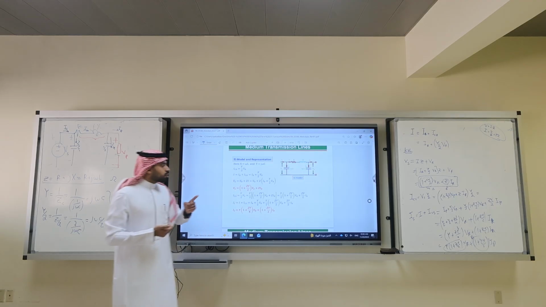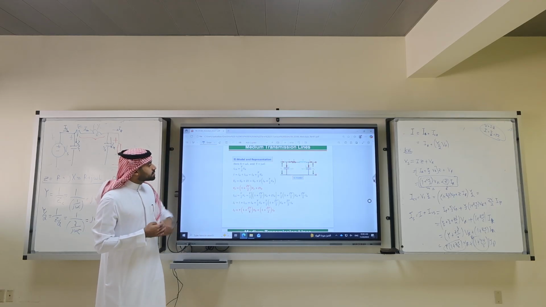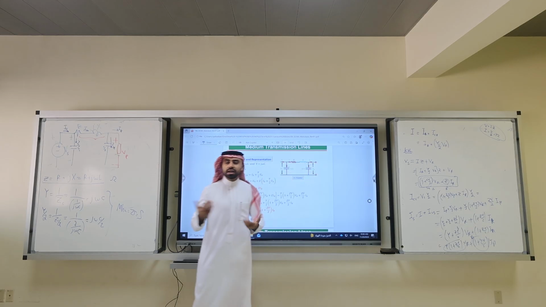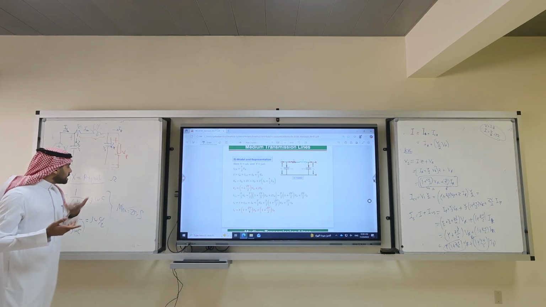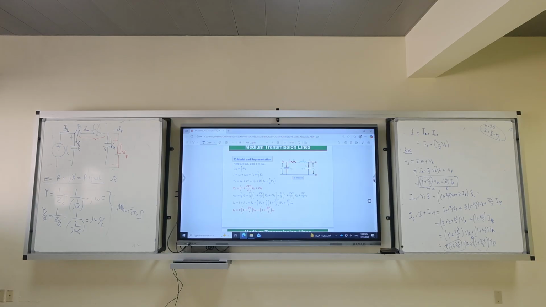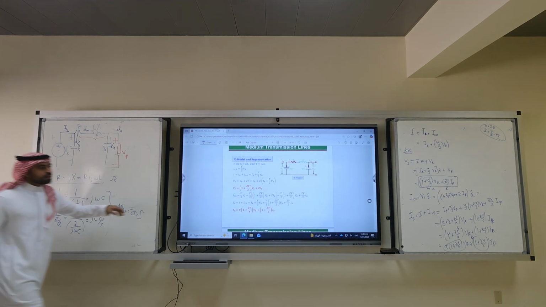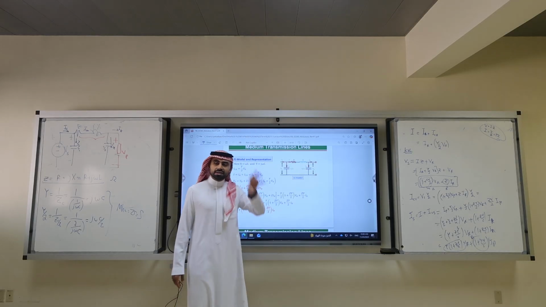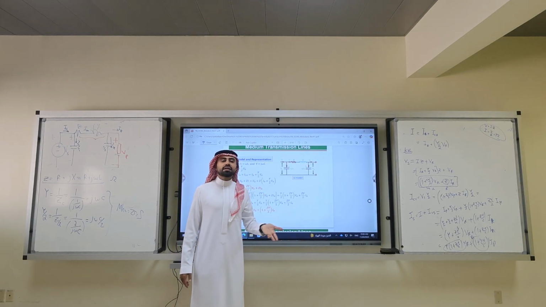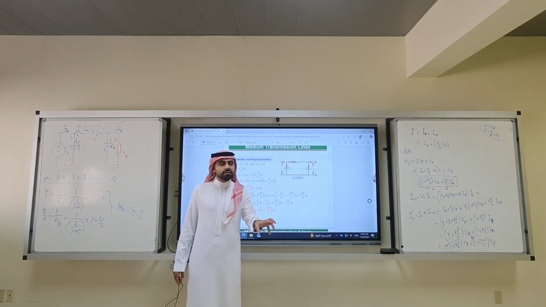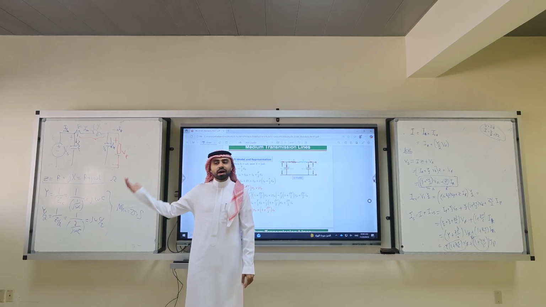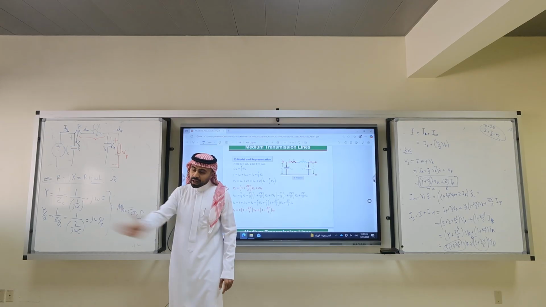There is a conceptual question: why do we write the capacitors as Y? Why not Z? It has historic reasons, but also computer science reasons. If you do 1 over Z in your calculations, basically you write I as a function of V over Z. This is not practical for old computers because division is more expensive in computing power than multiplication. So that's why they use the admittance to multiply things.